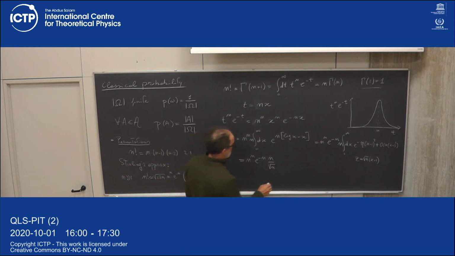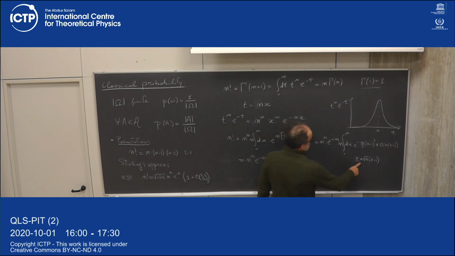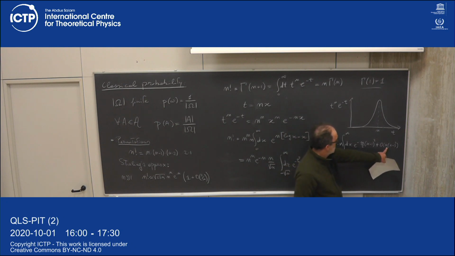And then there is the integral, z goes from minus square root n to infinity of dz e to the minus z squared over 2, plus orders of... this term x minus 1 is order z divided by square root n.